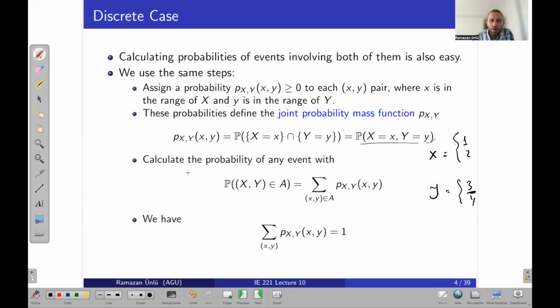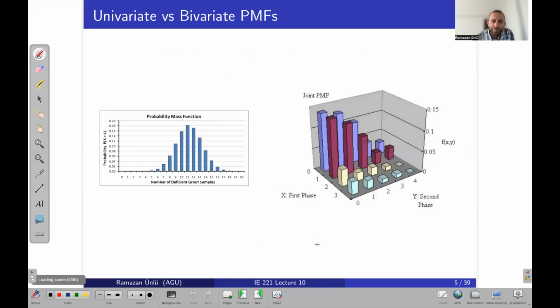In the case of two random variables, if we want to calculate the probability of any event, the probability that x and y will be in A is the summation of all possible probabilities of x and y. Again, the total probability will be 1. So the same thing: this is the probability mass function for a single random variable, and this is for two random variables.